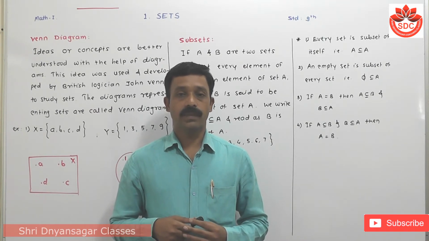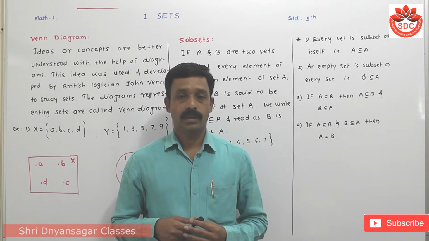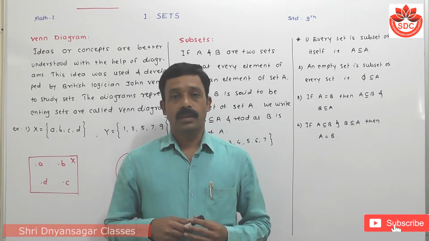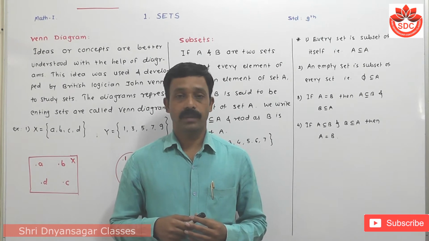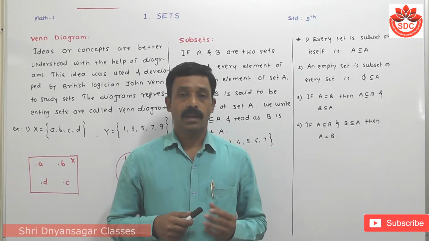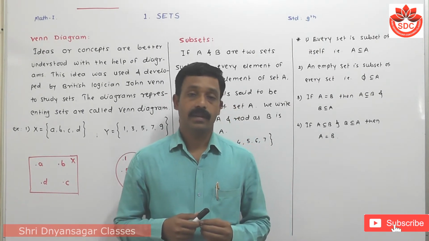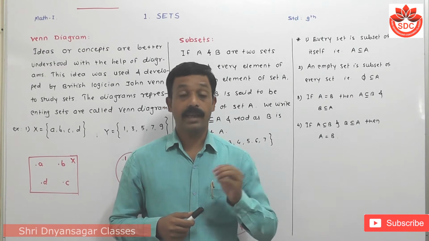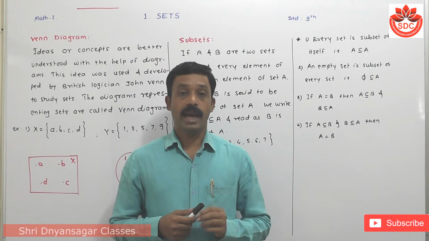Let us discuss the first chapter of the ninth standard, Sets. The next point is the Venn diagram. Students, the British logician John Venn said that any concept or idea, if explained by using a diagram, can be better understood.